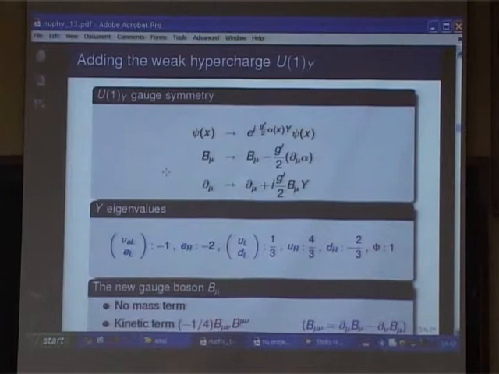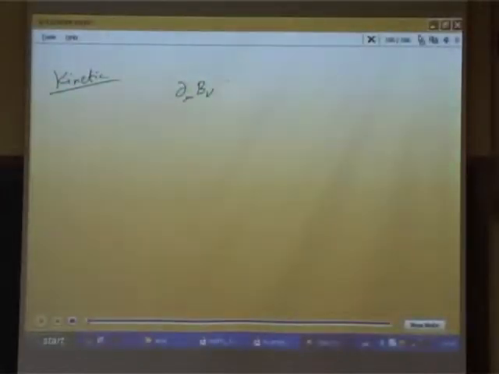Secondly, now this B gauge boson is a particle, it must have a kinetic term. Kinetic term normally will look like (∂_mu B_mu) squared. That's sort of a boson kinetic term.